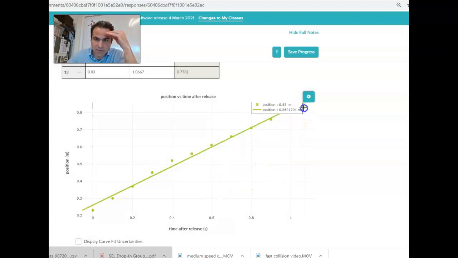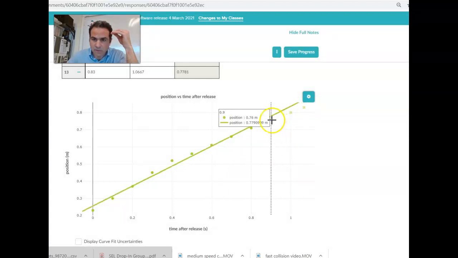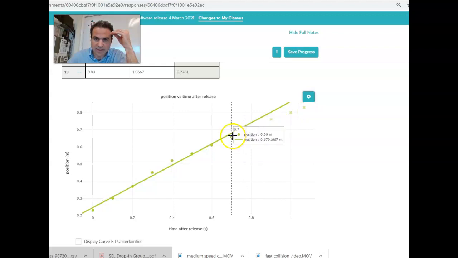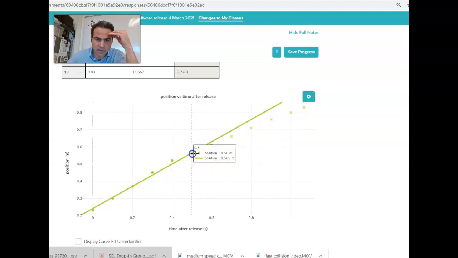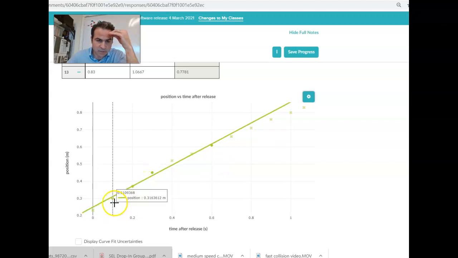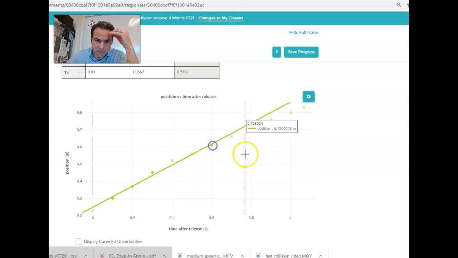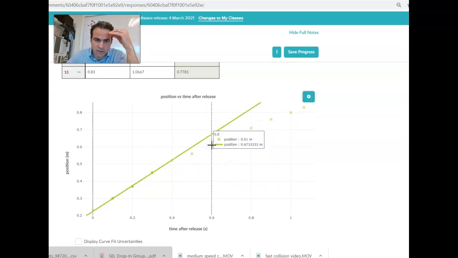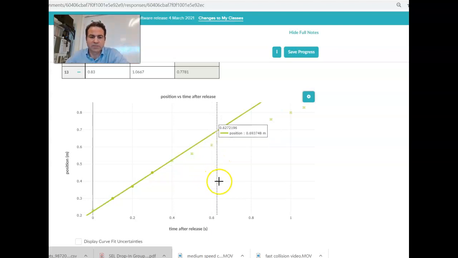So what you want to do is deselect every point except for maybe 2 or 3 points just before the collision. Now, I'm not sure exactly what time the collision happened in this video, but let's just say the collision was at 0.4, so we don't actually want that piece of data.